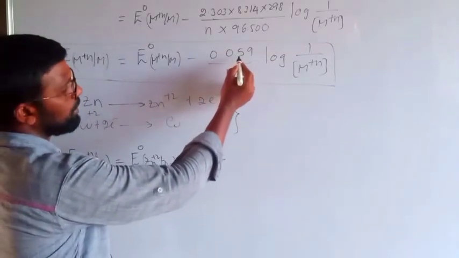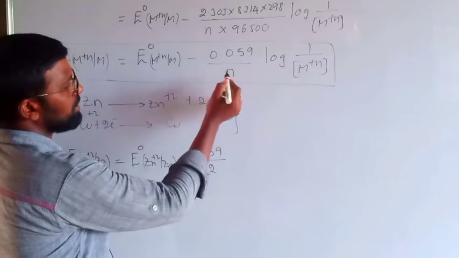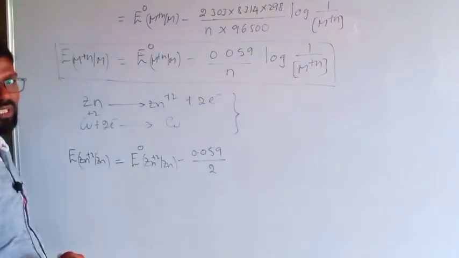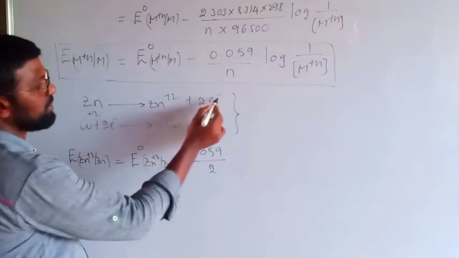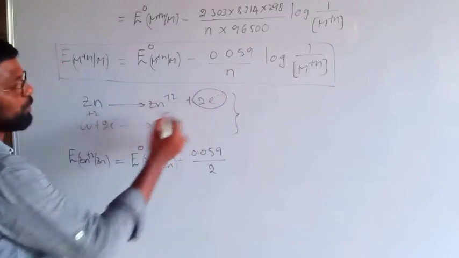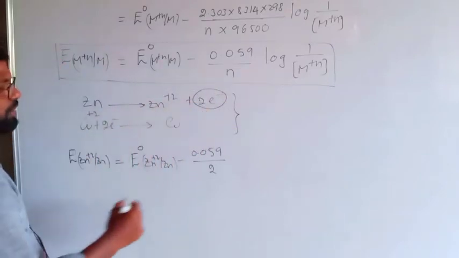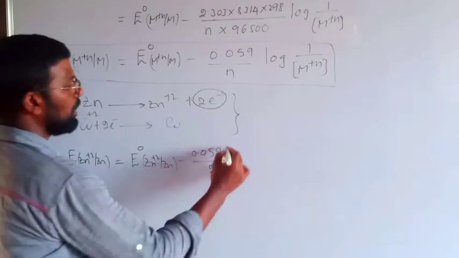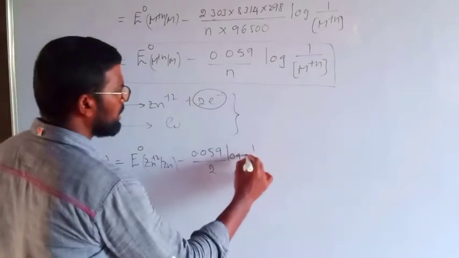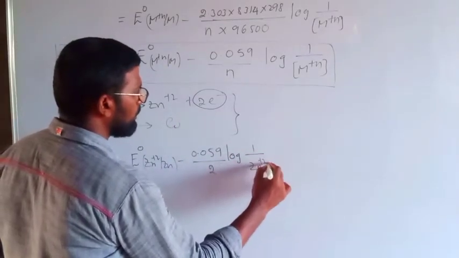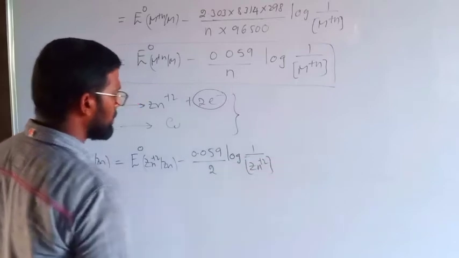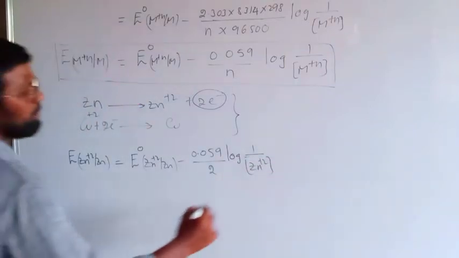In the given formula, n is there. What is n? n is the number of electrons transferred. How many electrons get transferred here? During this oxidation process of zinc, 2 electrons. So I have written 2 log 1 by Zn plus 2 concentration, the molar concentration of Zn plus 2 ions. Let it be equation number 2.